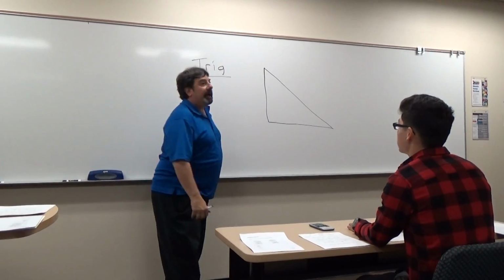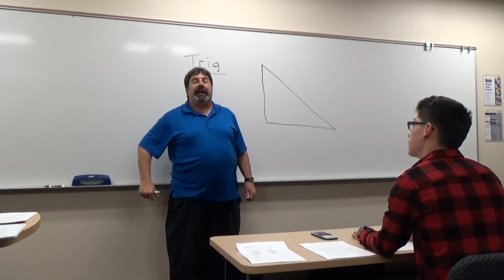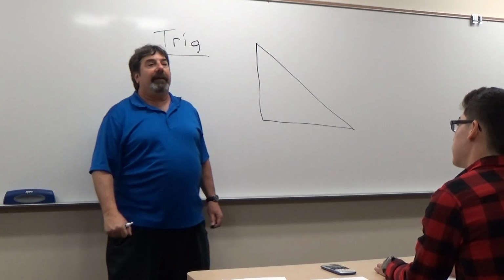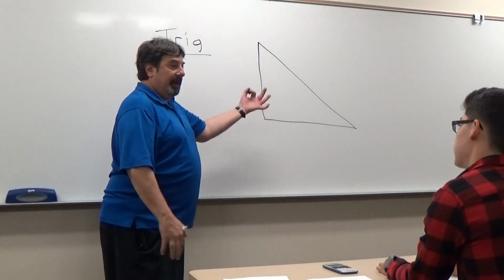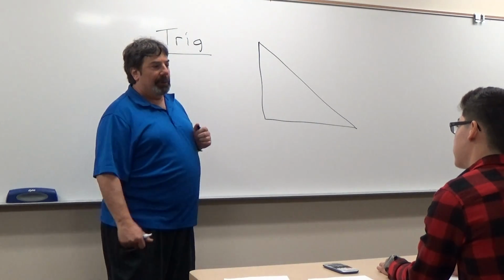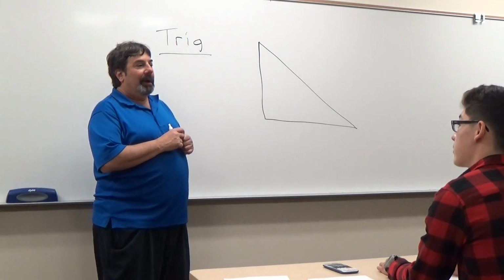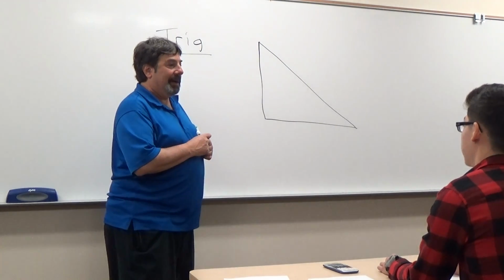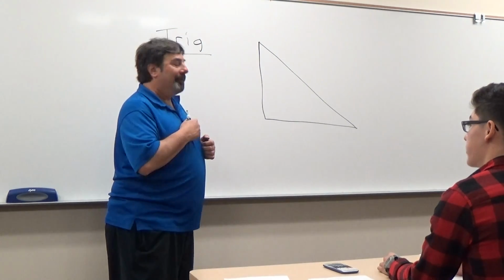Okay, and when I indicate which of the angles I'm talking about, now a lot of the triangles that we'll be using will be what are known as right triangles. Do you know what a right triangle is, Marco? Yes. What is it? It's a 90-degree angle. One of the three angles is 90 degrees. Very good.